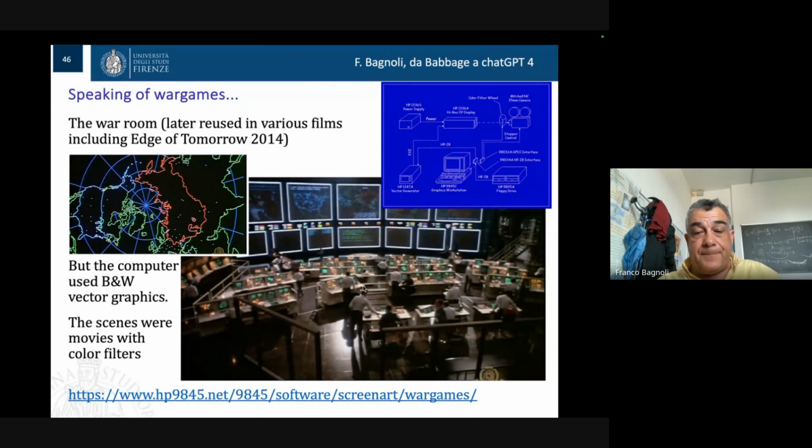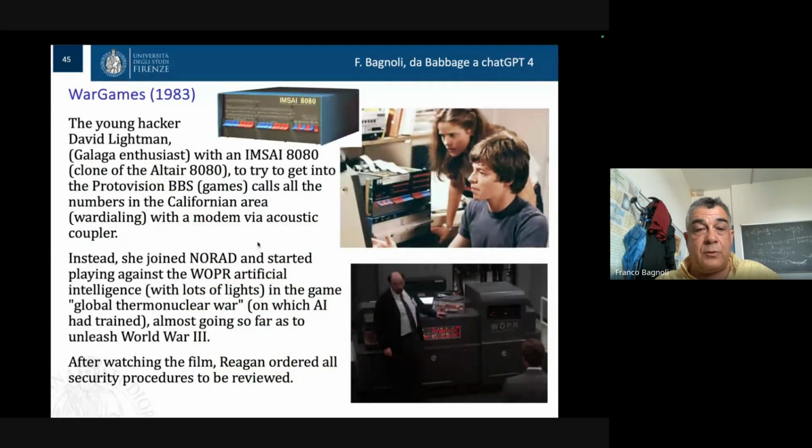And it seems that I don't remember which president, maybe Reagan, I think Reagan, yes, when he was elected President of the United States, asked to see the war room that he had seen in the WarGames movie. He was also concerned and asked if it was true that there were backdoors able to enter the security computers without passing through all the levels.